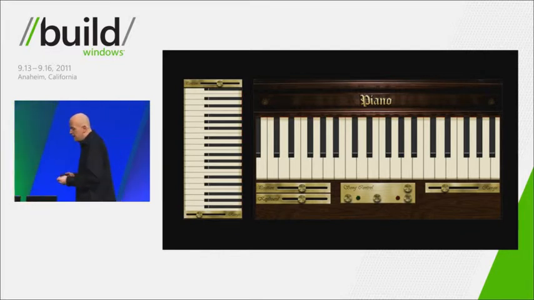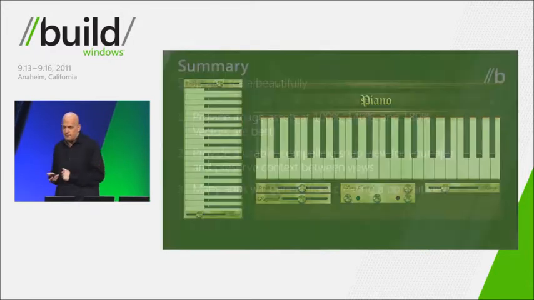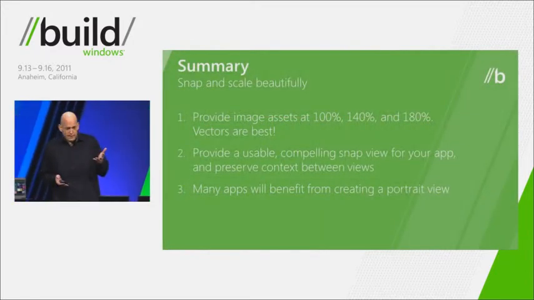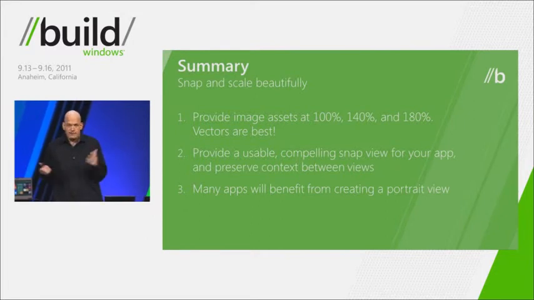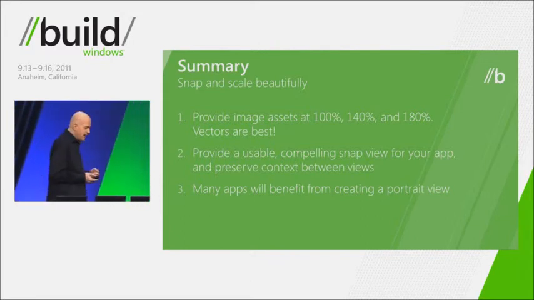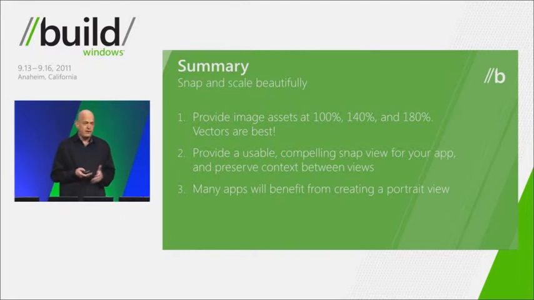So we wanted to support that from the beginning. So you can make your app a great part of this by developing a great snapped view of your app. So in summary, just provide the three sizes of assets. Easy. You can do vectors even better. Create a compelling Snap view, and many apps will benefit from creating a portrait view. And you are very willing and open to do that.